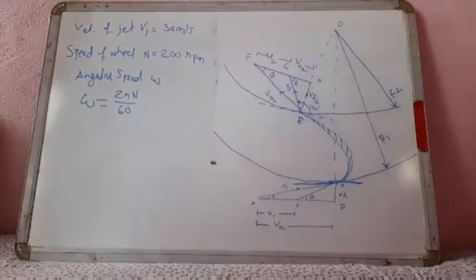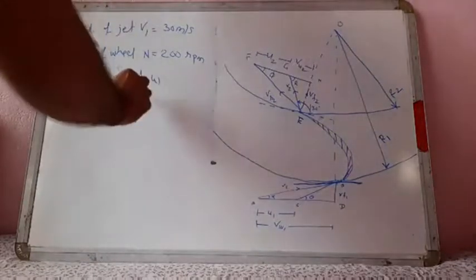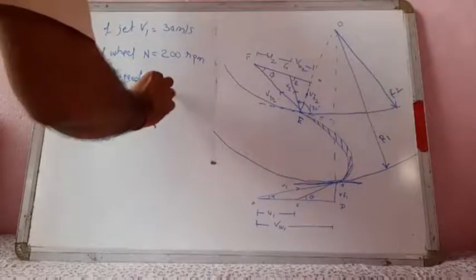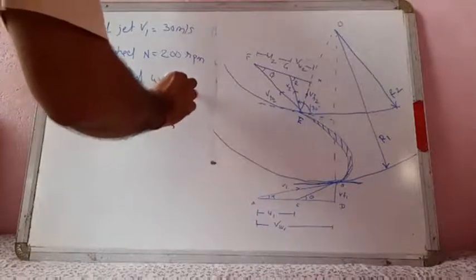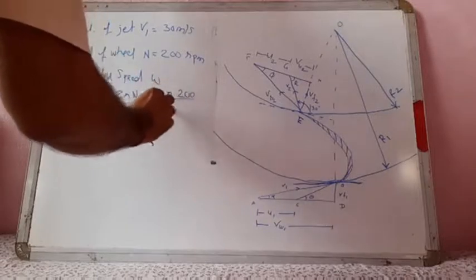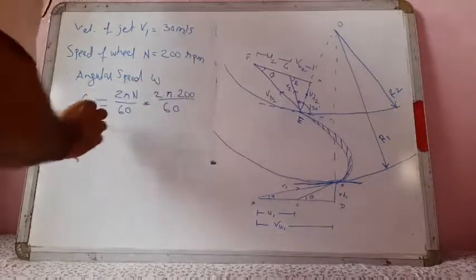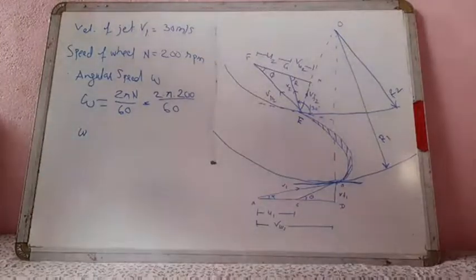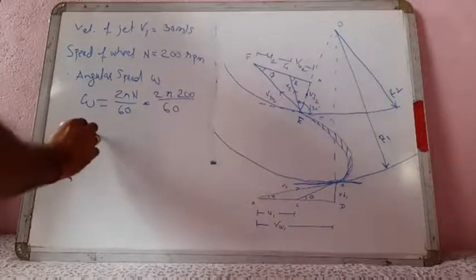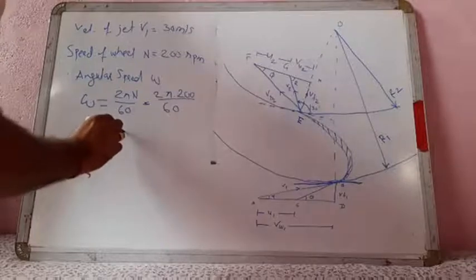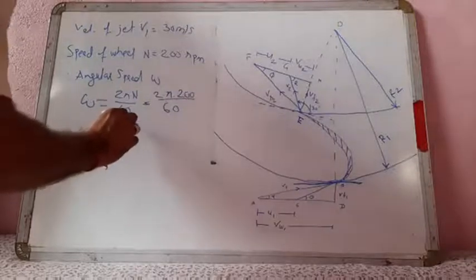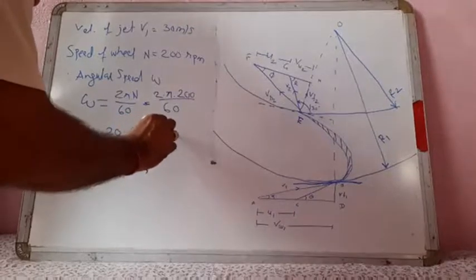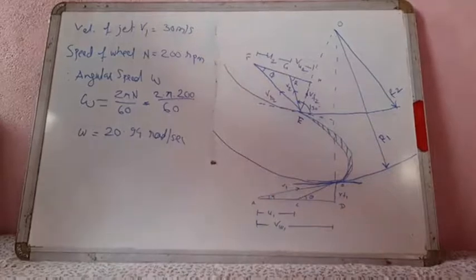By putting the value of N here, 2 into pi into 200 by 60. So the value of omega here is 20.94 radians per second.